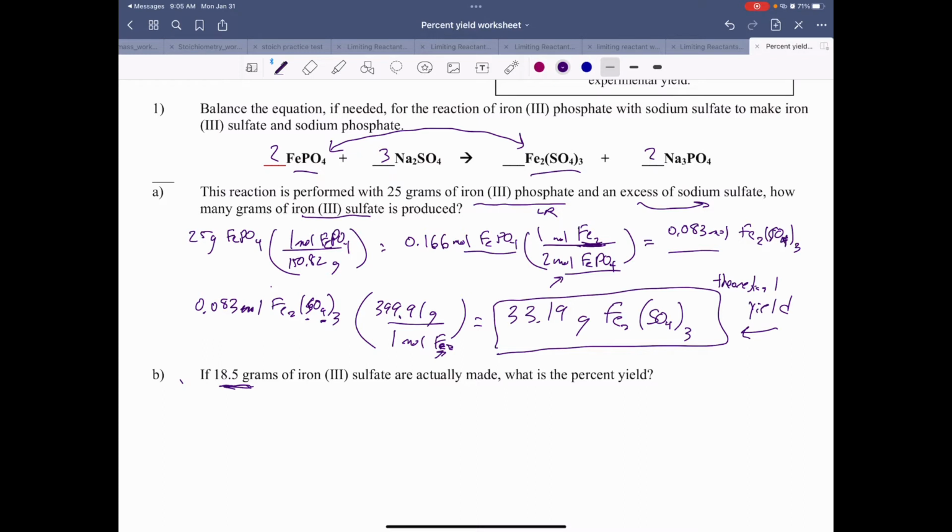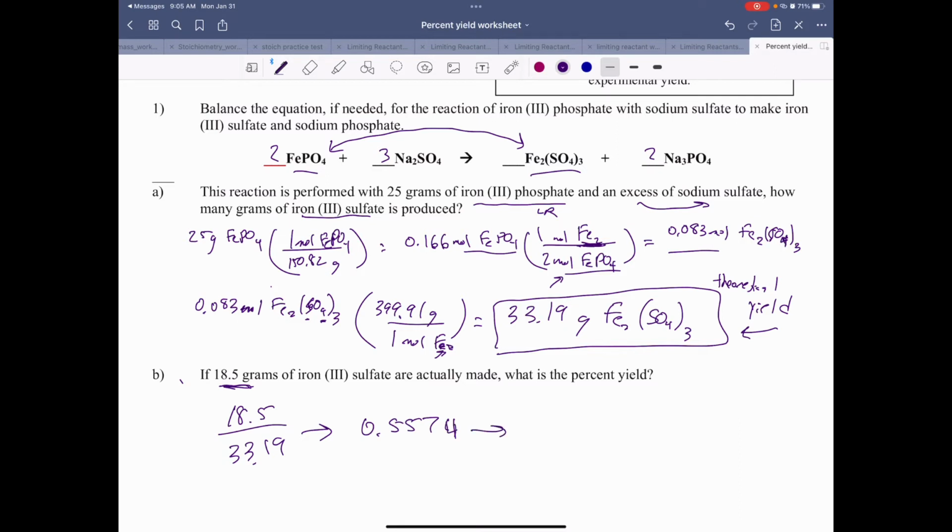Now, if we had gotten the full 33.19 grams, then we would have said, oh, that's 100%. We got 100% of what we're supposed to. In this case, we have to go 18.5 divided by 33.19. If you look on the calculator, it says 0.5574.